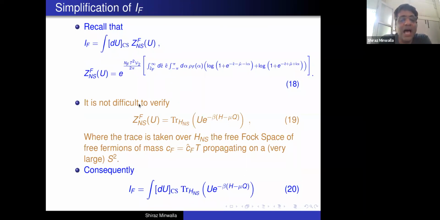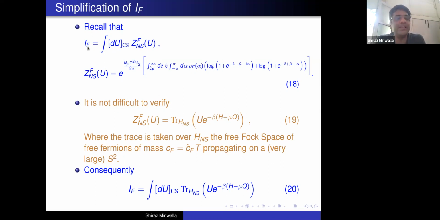It's not difficult to check that the integrand that appears for the fermions is simply the twisted partition function over a Fock space, twisted by the unitary matrix U. So treat these fermions as having a U(N_F) global symmetry, twist with the unitary matrix for that global symmetry, and compute the partition function over free Fock space. That is the integrand for these fermions.